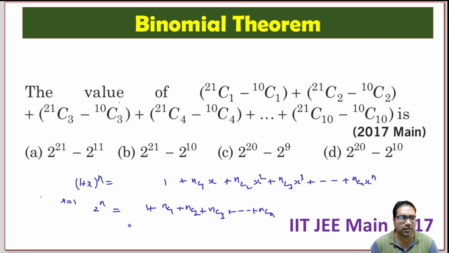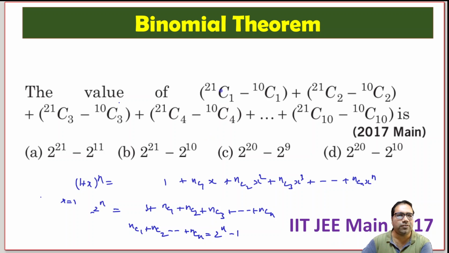That means NC1 plus NC2 up to NCn should be equal to 2 power n minus 1. This is how we got this relation: NC1 plus NC2 plus up to NCn equals 2 power n minus 1, or 1 plus NC1 up to NCn equals 2 power n.